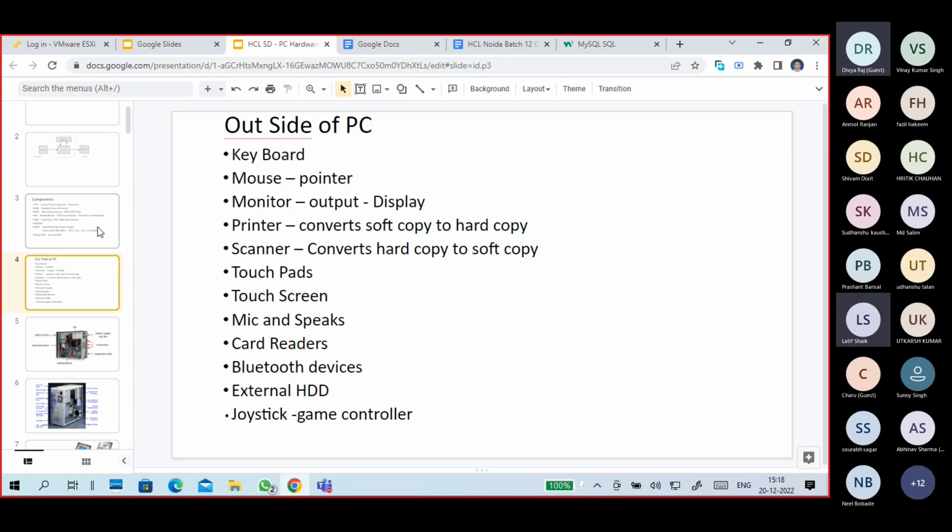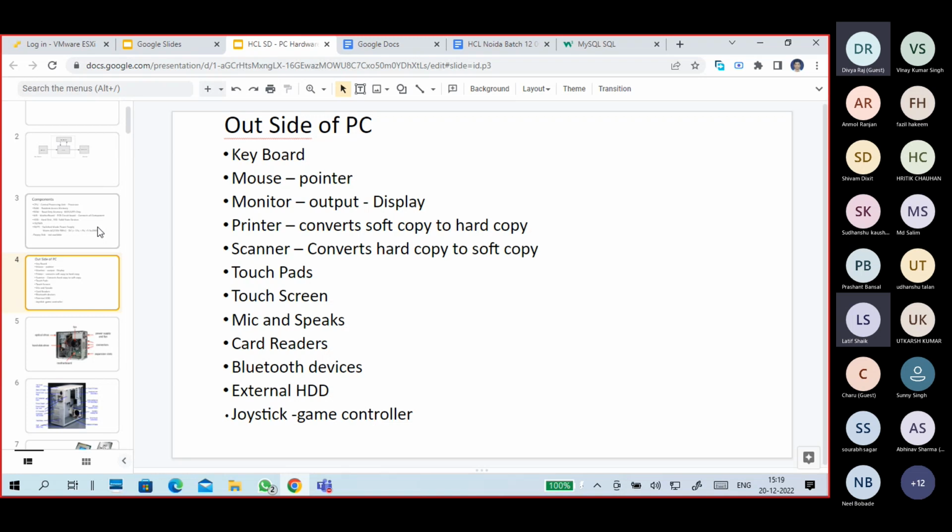If you have a floppy disk and still want to connect it, you have to purchase an external floppy disk drive. Even CD-ROMs and DVDs are not given in regular desktops. So if you have a CD or a DVD, you have to connect an external CD/DVD writer. And of course, we can connect different devices to our cabinet like a keyboard and mouse.